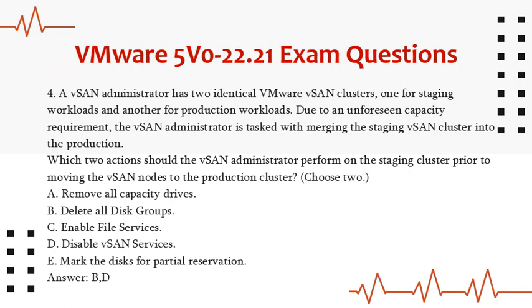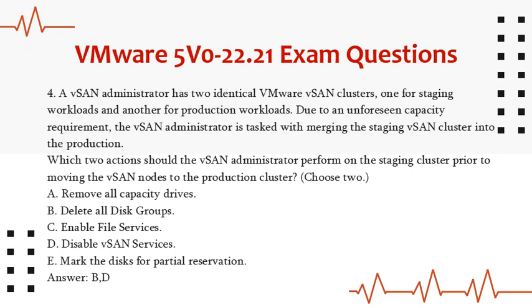4. A vSAN administrator has two identical VMware vSAN clusters, one for staging workloads and another for production workloads. Due to an unforeseen capacity requirement, the administrator is tasked with merging the staging vSAN cluster into the production cluster. Which two actions should the administrator perform on the staging cluster prior to moving the vSAN nodes to the production cluster?